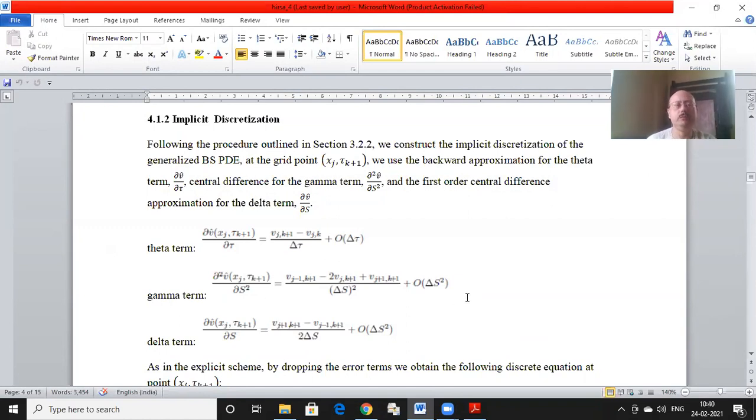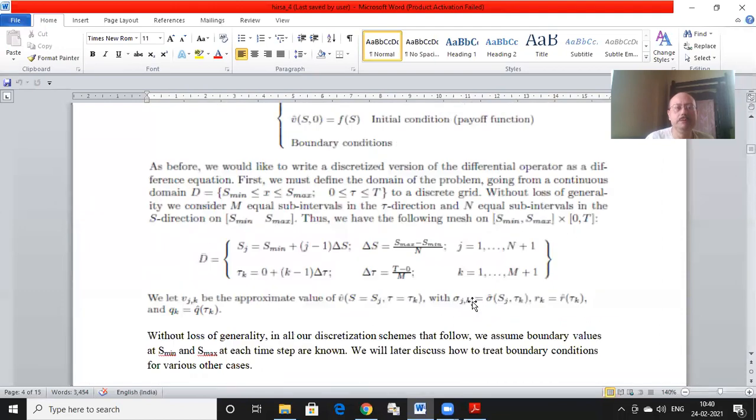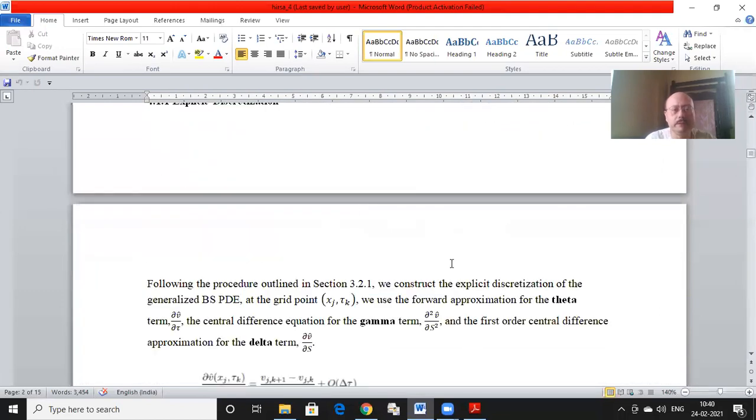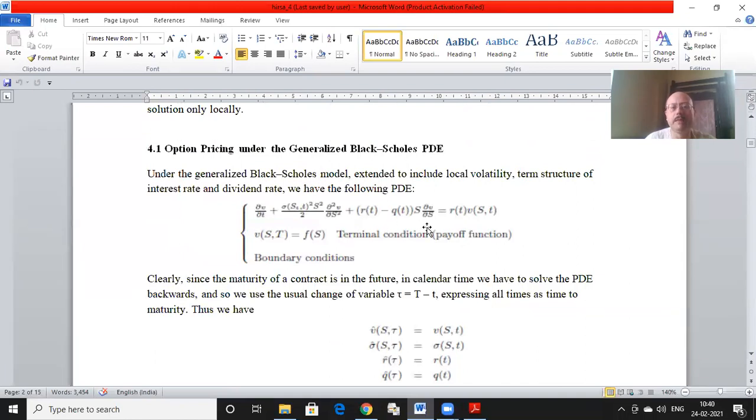So in chapter 4, our primary objective is to use the technique learned in chapter 3 for derivative pricing. And we have already seen the use of the explicit discretization scheme last week for solving our standard Black-Scholes PDE.